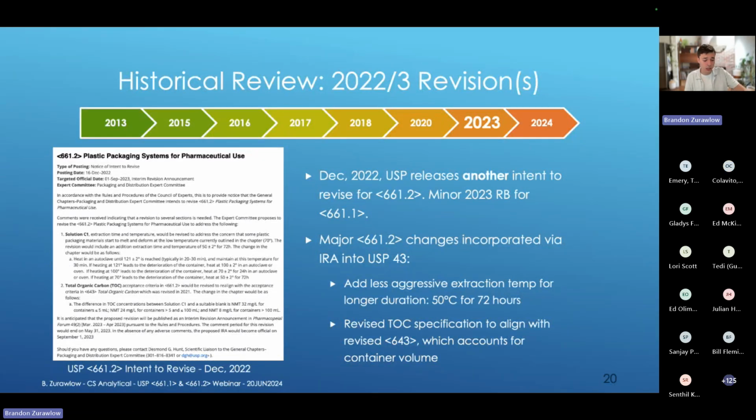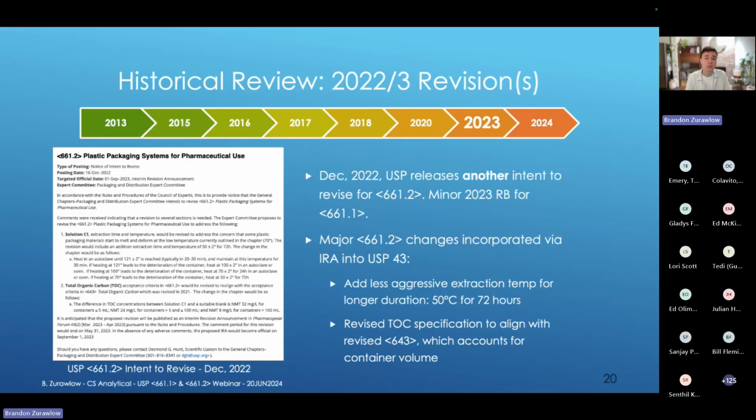Another critical change that was implemented at this time was a revision to the TOC specification in 661.2. Previously, there was a single TOC specification that applied to any package system or component tested under 661.2. In this particular revision, the TOC specification was revised to align with USP Chapter 643 on TOC, which establishes different specifications based on the volume of the container.